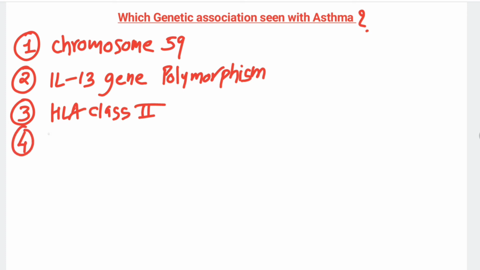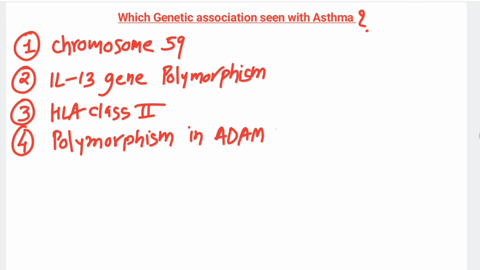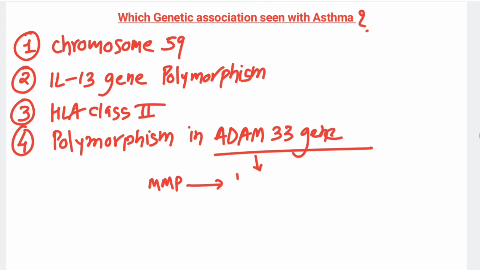The fourth genetic association is polymorphism in the ADAM33 gene. This particular gene is a matrix metalloproteinase, and it will increase smooth muscle and fibroblast proliferation.